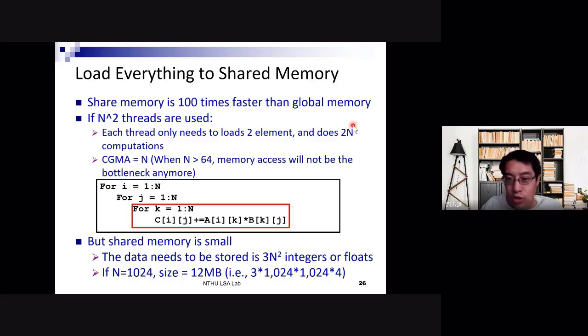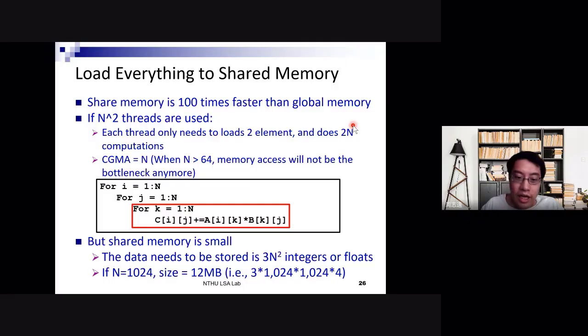Just load your data to the shared memory with a memory assignment operation, then you can move the data from global memory to the shared memory. And then you can replace the memory pointer to your global memory with the pointer to the shared memory. So the computation will only be performed on the shared memory instead of the global memory. So you can reduce the number of global memory accesses.